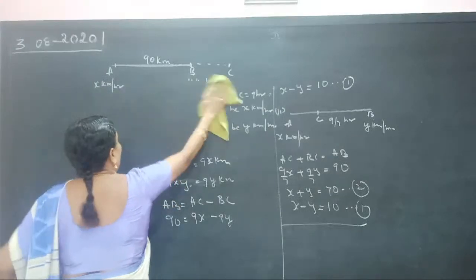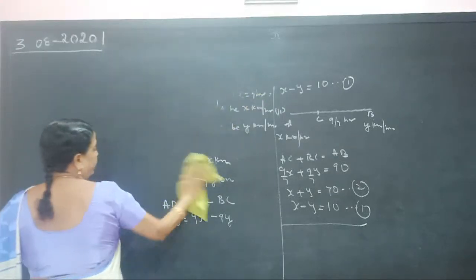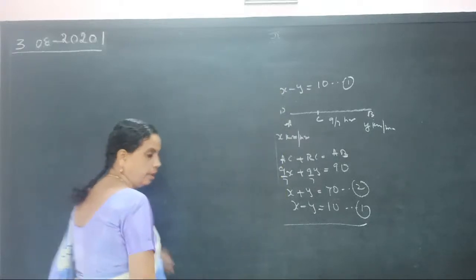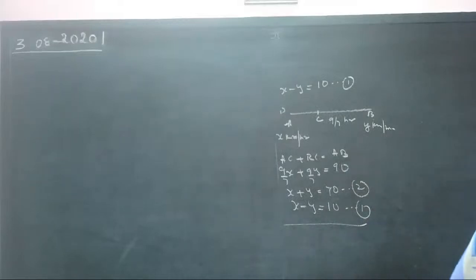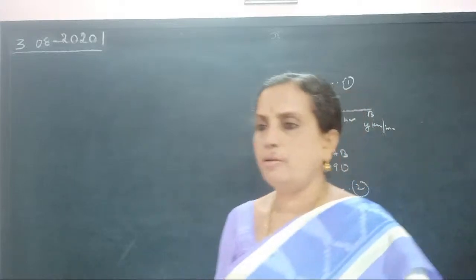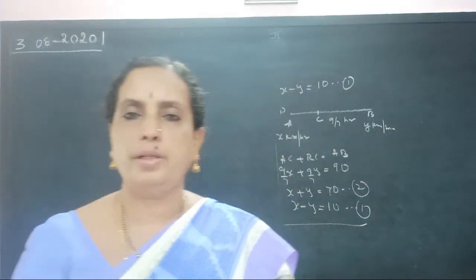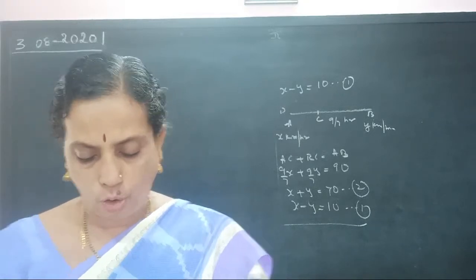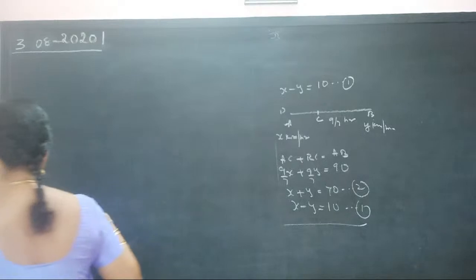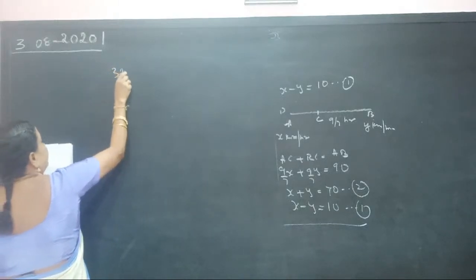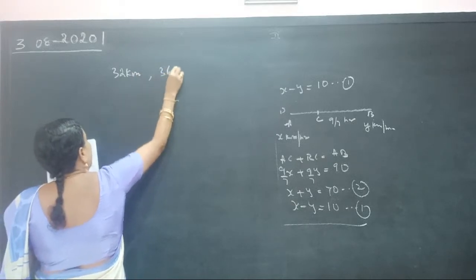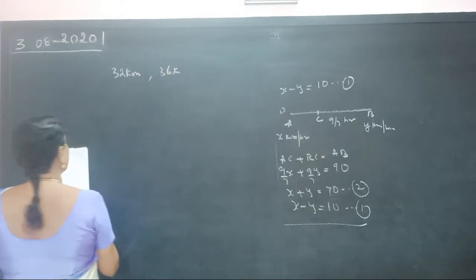So let us have one more speed problem. When it is a speed problem, it carries 4 marks usually. Don't write the question; I will give the question as a worksheet after the class. A boat covers 32 kilometer upstream and 36 kilometer downstream in 7 hours.